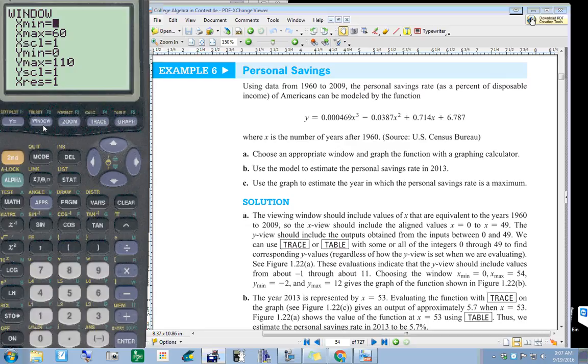It says that it starts off at about 7 or 6.787%. That's the y-intercept. Maximum savings. Let's say that the maximum savings is at most 15 or 10%. So I'm going to put myself at 15 just so that I can see. And when I hit graph, okay? Okay. Not bad.